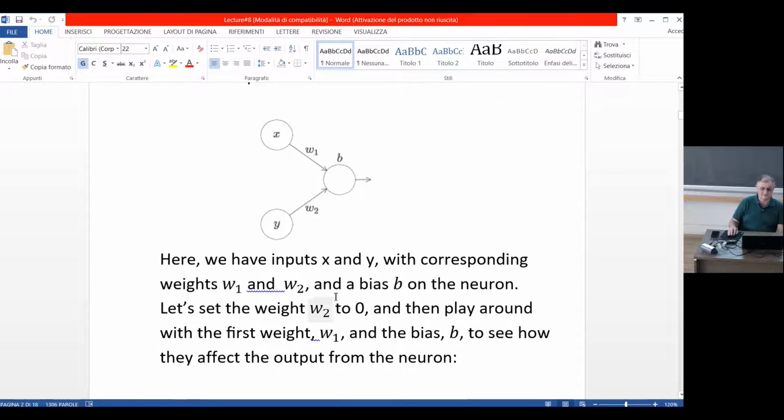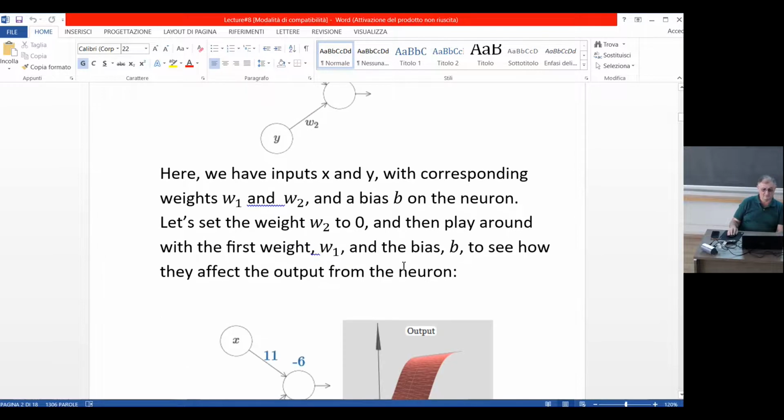The x and y are input values, and let us define some corresponding weights W1 and W2, and the corresponding bias b on the neuron.